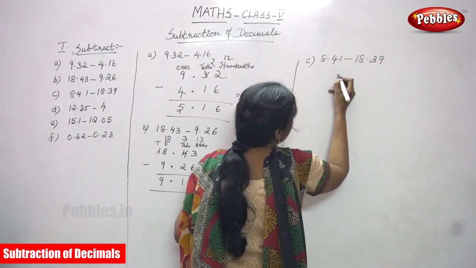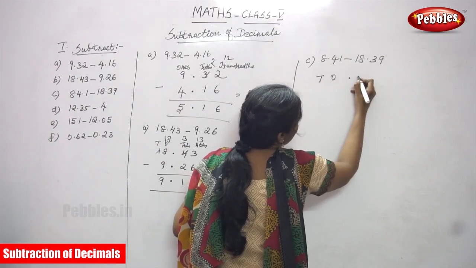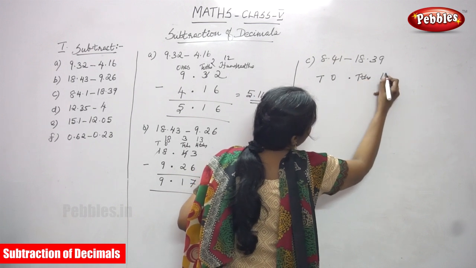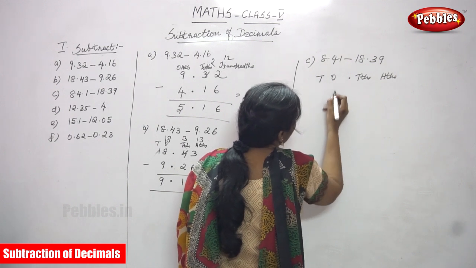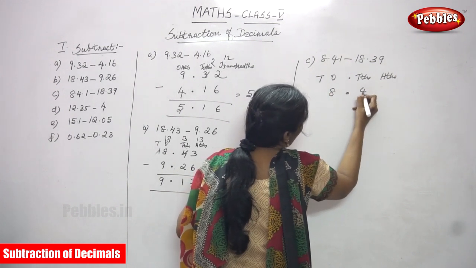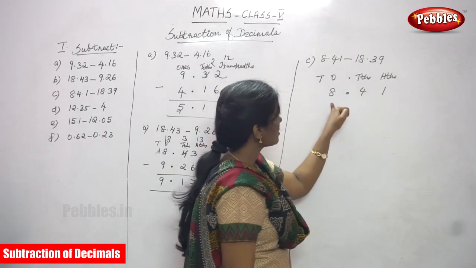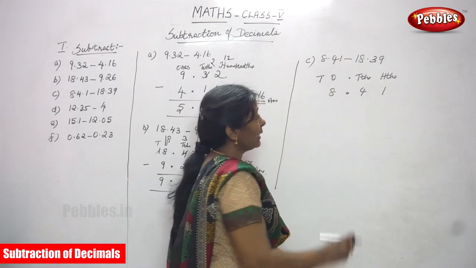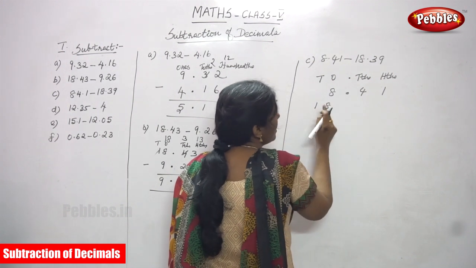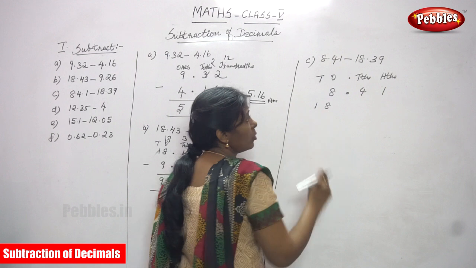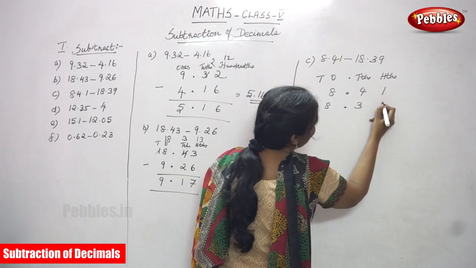First you have to write ones, then tens, then point, then tenths and hundredths. So 8.41: 8 comes under ones place, this is the whole part. 4 in the tenths place and 1 in the hundredths place. This is the decimal part. Next is 18: 1 in the tens place and 8 in the ones place. After that you must put a point. Then 3 in the tenths place and 9 in hundredths place.